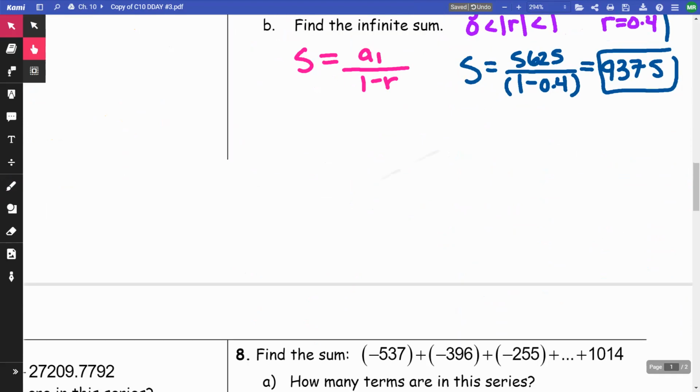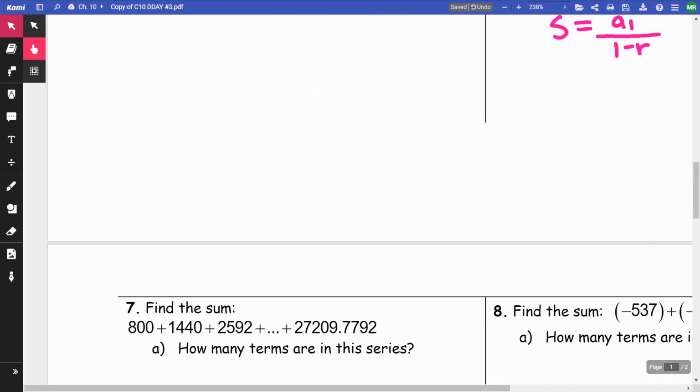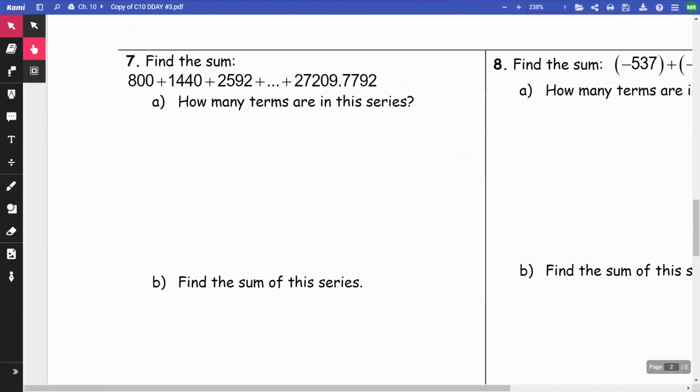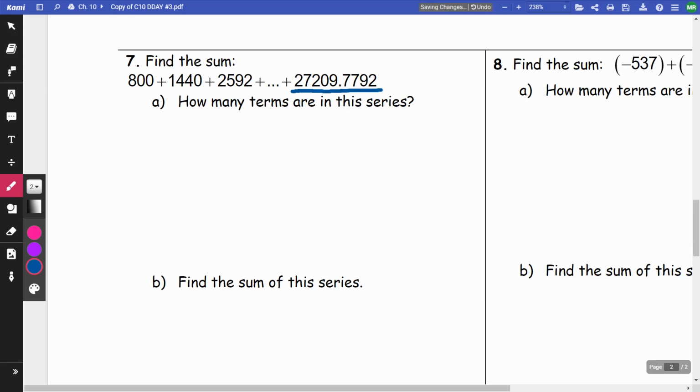Okay, on the next page, on number 7, in this case, we're ending at a particular term. We need to figure out what this is. Noticing that this has decimals, I'm thinking it's probably geometric, because otherwise I would have been getting decimals earlier in this problem.